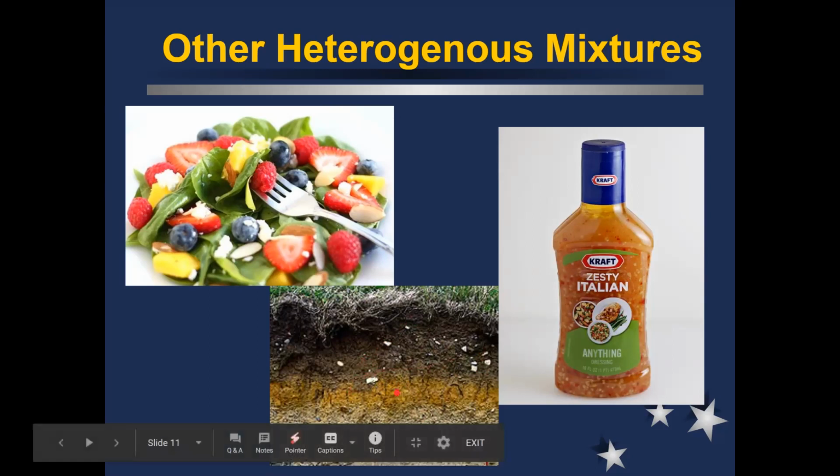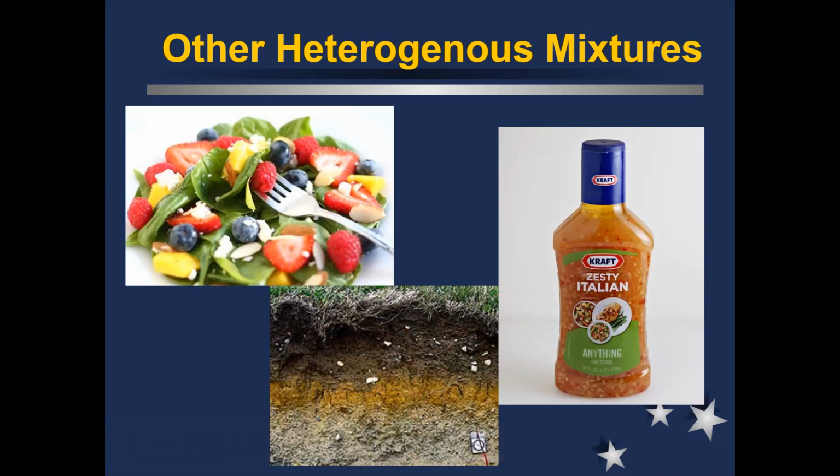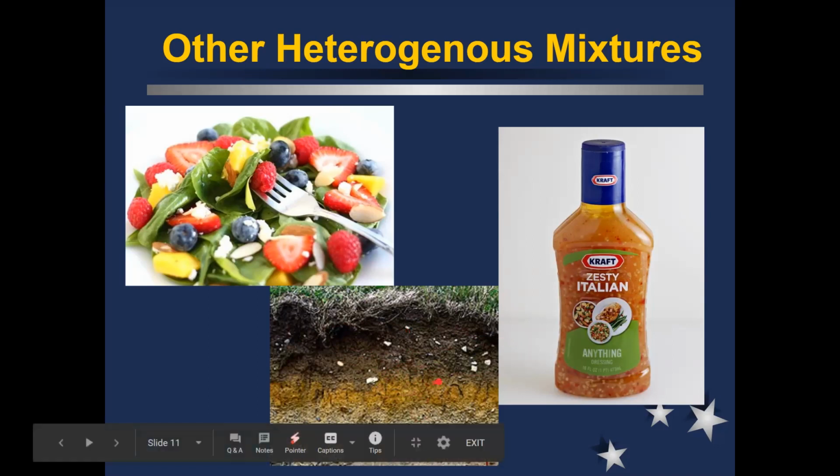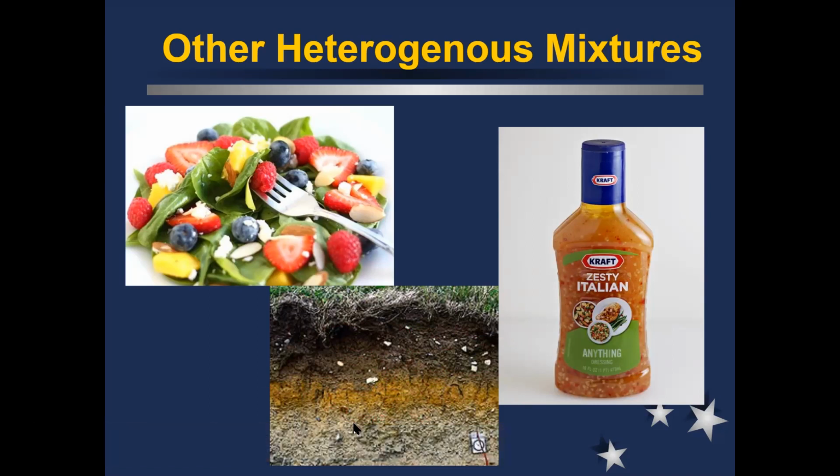Even in this picture down here, you can see the different colors of the soil. That's because the colors represent different compounds in the soil that give it a certain color. So maybe this middle area has a lot more clay in it. And then maybe this bottom area where it's light brownish is super silty and sandy.